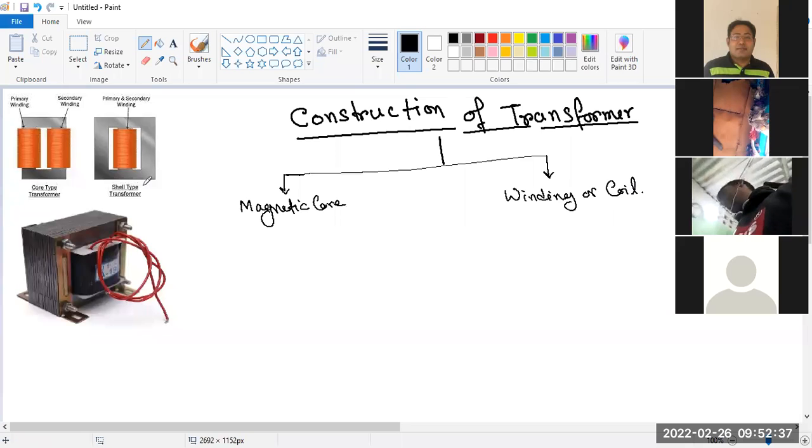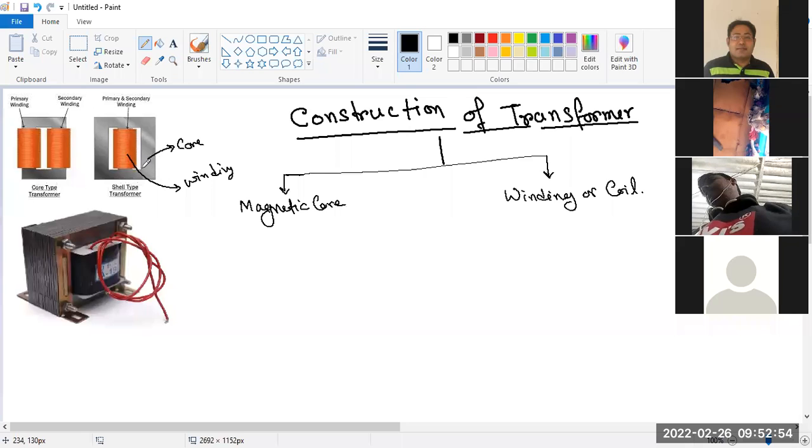So in this picture you can see this is the magnetic core, or simply the core. This is the core portion, and this portion is the winding. This core and this winding are insulated, not connected electrically.